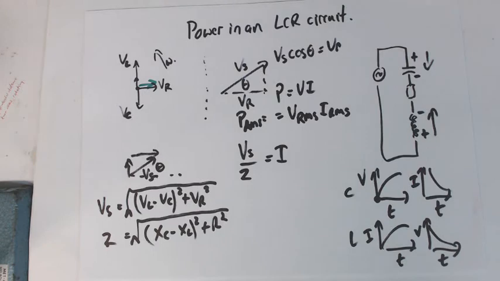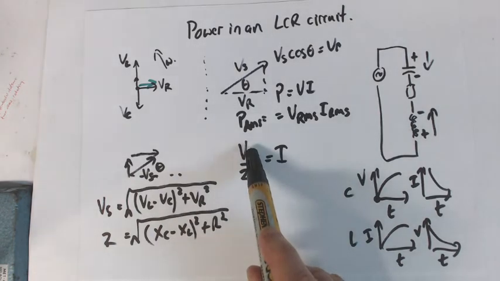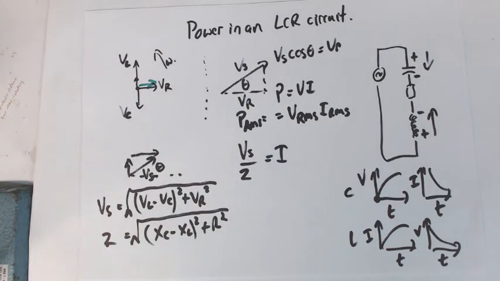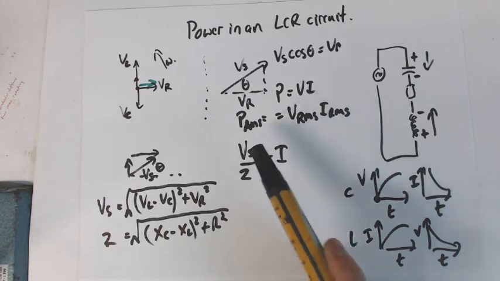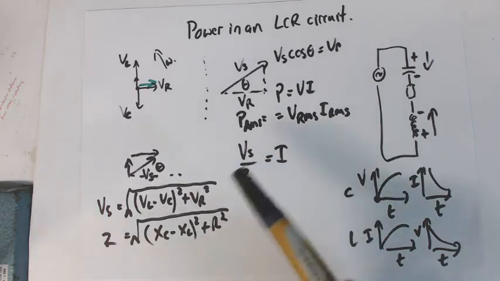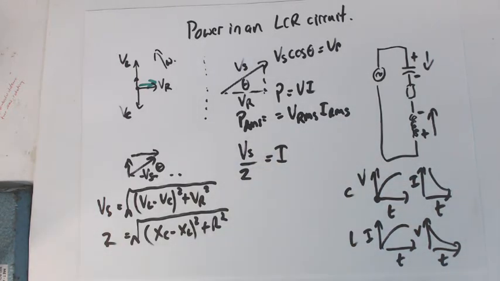So we can get a Vs which is an RMS or a Vs which is a peak. If we use Vs as a peak, we'll get I as a peak. If we use Vs as an RMS value, we'll get I as an RMS value. So there's two types of power, peak power and RMS power.